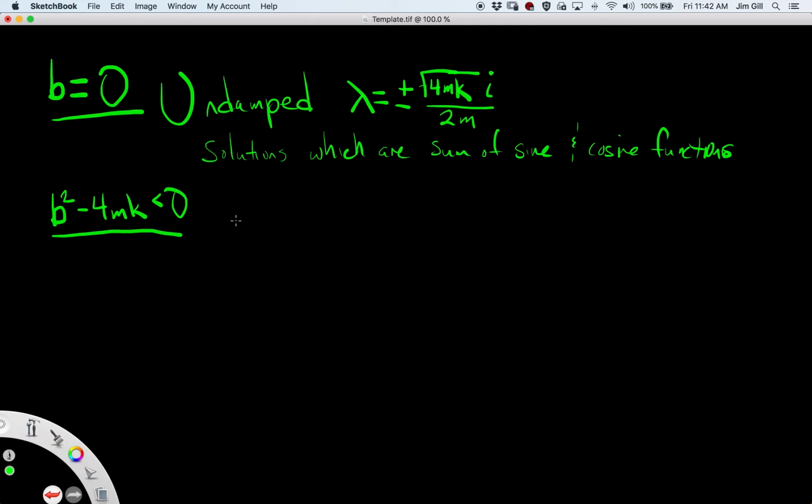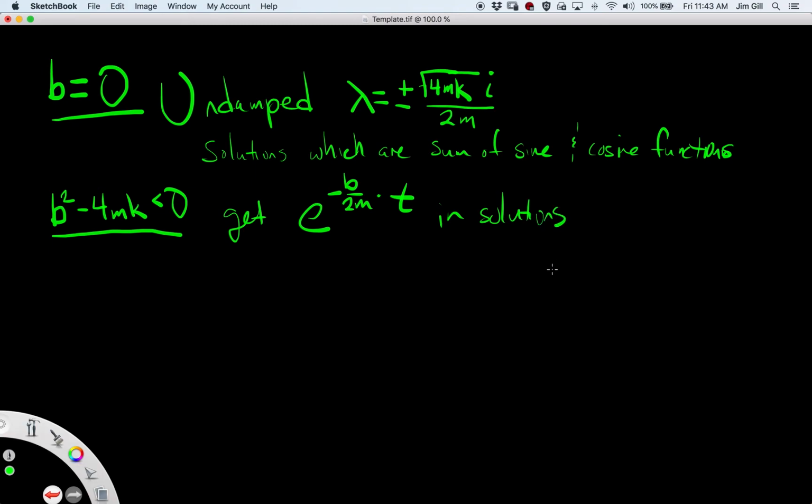So when what's underneath the square root in the quadratic formula is negative, then we get an e to the minus b over 2m times t in the solutions. Okay.